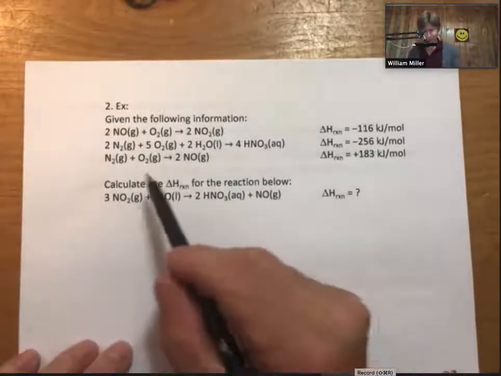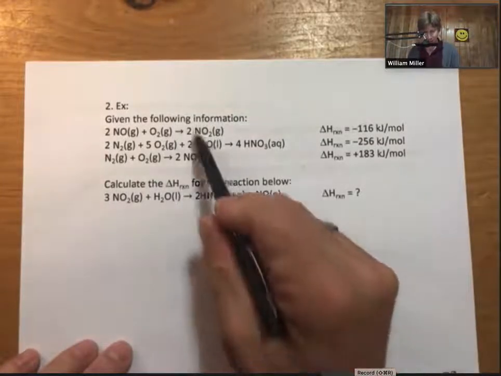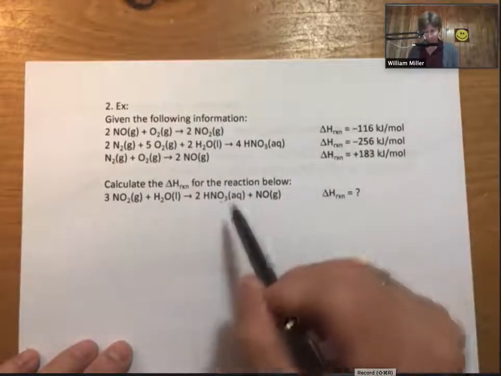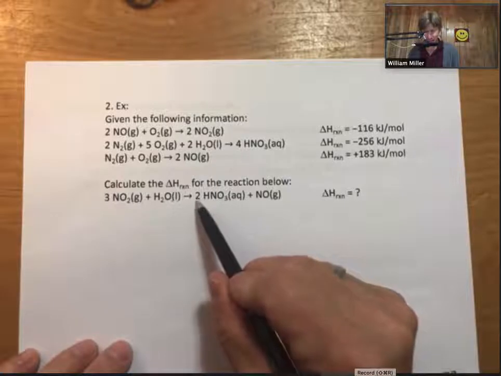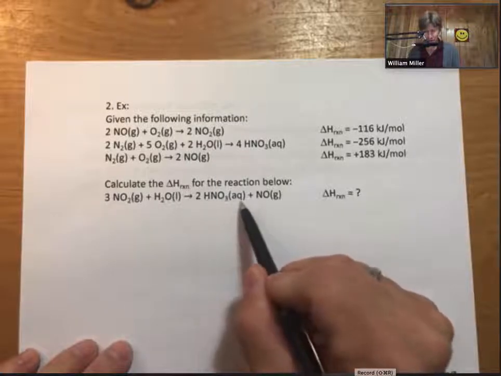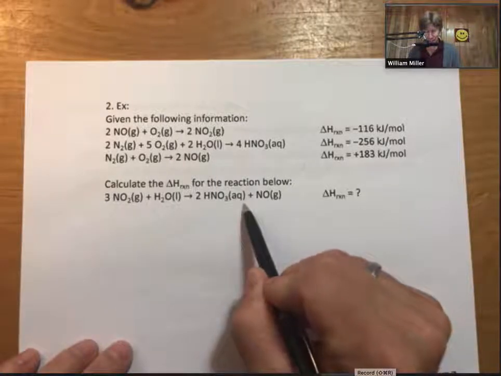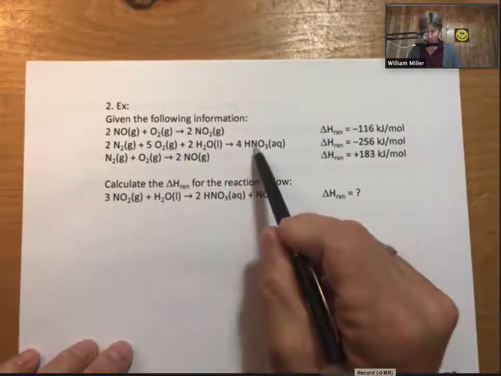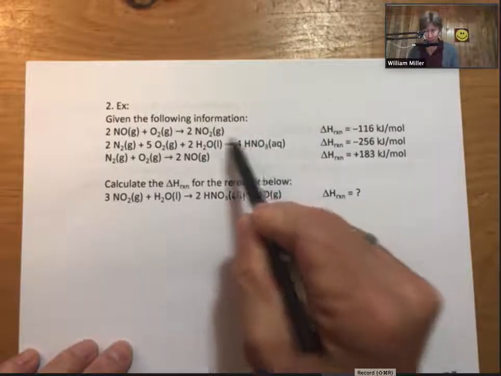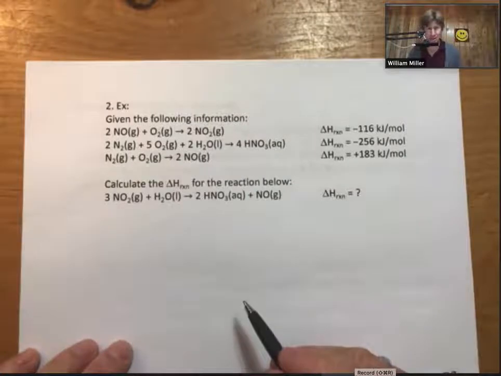It looks like this. When I look at the reactions that I'm given, I'm going to key in on this 2 HNO3 aqueous, 2 nitric acids. Up here, I have 4 nitric acids, and it's the only place that nitric acid appears.